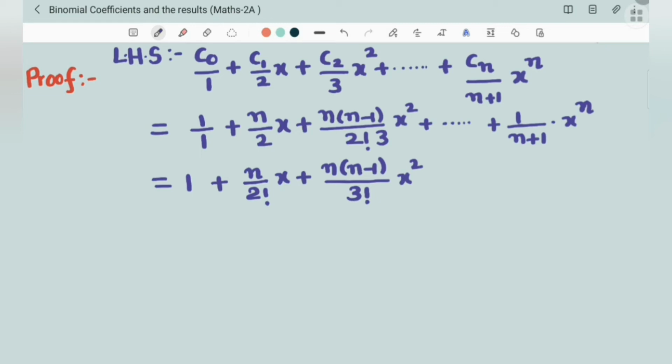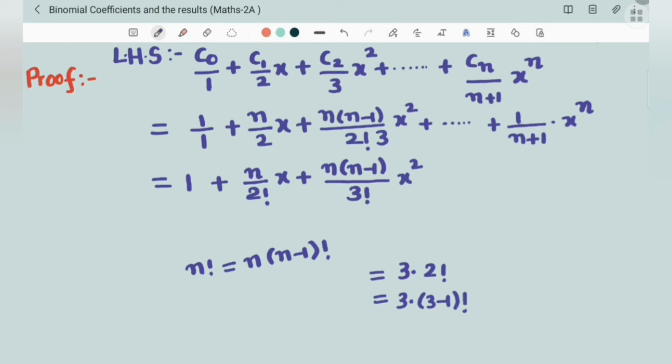Sir, how will you write 3 into 2 factorial as 3 factorial? See here, just one example I will say. n factorial can be written as n into n minus 1 factorial. So for example, here 3 into 2 factorial is there. This is equal to 3 into 2 can be written as 3 minus 1 factorial.